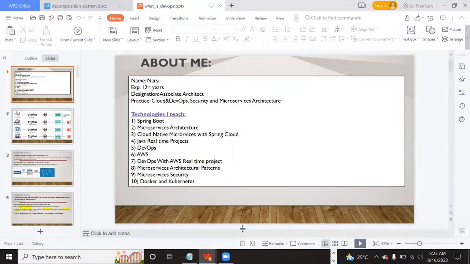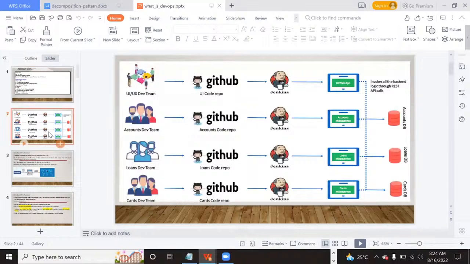So I would like to give you a brief overview about DevOps engineer job roles, DevOps engineer job opportunities, and who can become a DevOps engineer. Why are people using DevOps? So many things are coming, right?